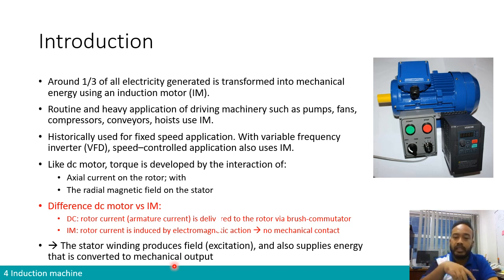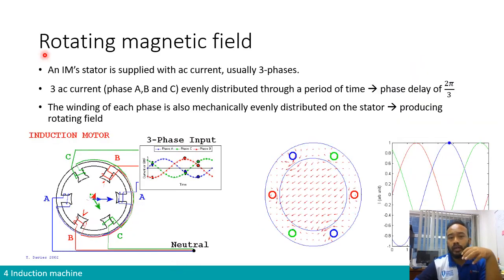But in an induction machine, as we are not sending any energy into the rotor directly, it is the energy at the stator that is going to be converted into mechanical energy. So the stator winding produces both the field and the energy on the rotor that is going to be converted into mechanical output, right?